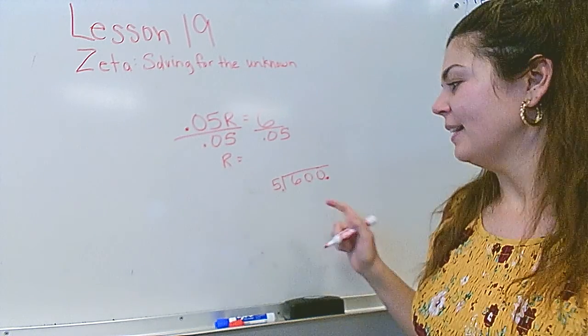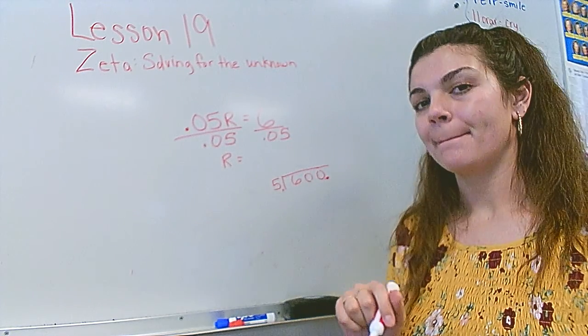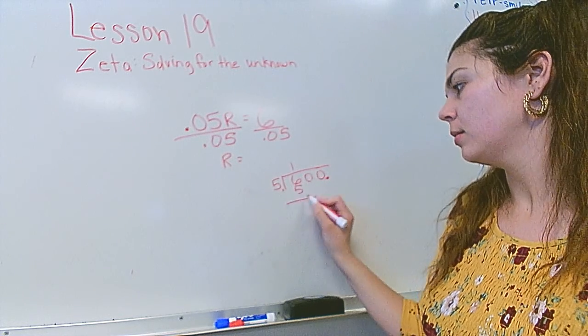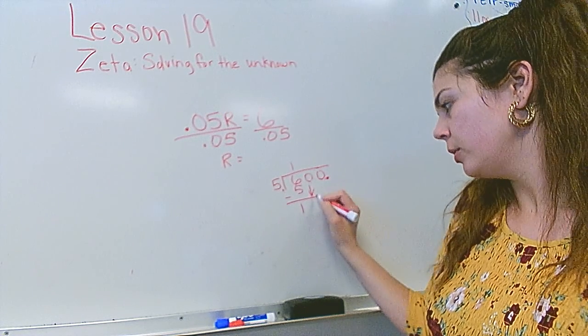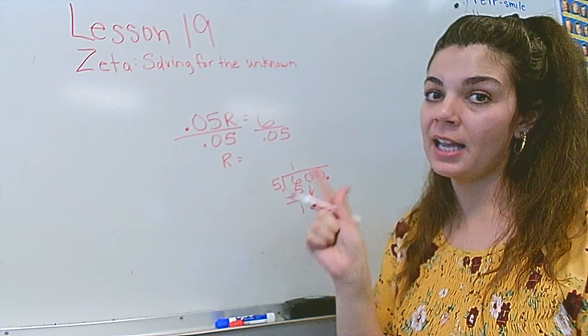Oh, that's my phone. Okay, how many 5s go into 6? 1. 1 5 goes into 6. 1, and we drop our 0. How many 5s go into 10? 5, 10, 2.